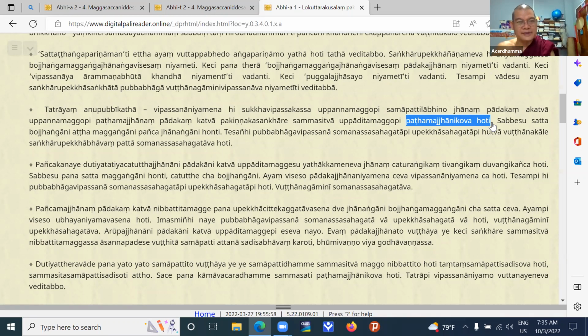Yes, this one enters. For the first jhana padaka, he enters upon the first jhana, then he emerges from the jhana. After that, he takes the emerged jhana as object. Yes, and then when it says jhanang padakang akatva, does he enter into jhana or not? So, you know, they're both possible. He may enter upon the jhana, or he may not.